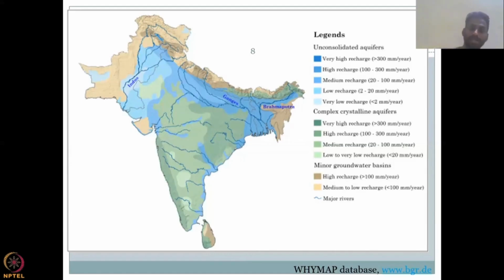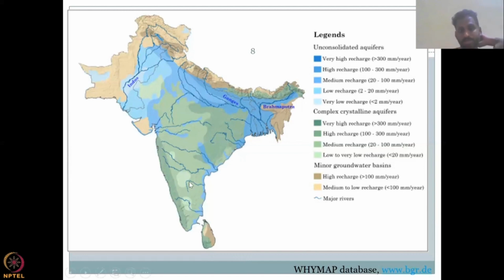So most of central India does not have that high recharge rate. It is in the medium and low range. And then when you go to the Saurashtra region and the hilly regions, you have the minor groundwater basins with very low recharge compared to the unconsolidated and complex aquifers. And not many major rivers are present.